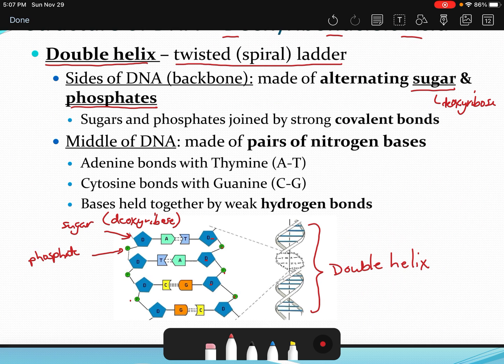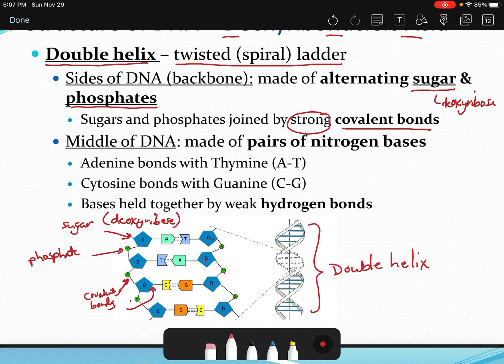Okay? Now those sugars and phosphates are joined by very strong covalent bonds. So in between them here, these are covalent bonds. Also between the sugar and the base there, those are also covalent bonds where you'll find those.